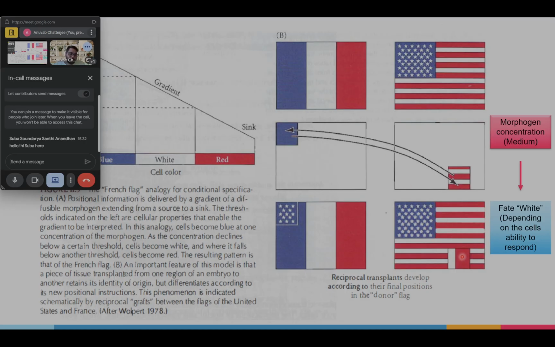So to just reiterate, how it happens is that a tissue senses the morphogen concentration, which can be high, medium, or low, and then decides what it wants to form at that stage. So, for our French flag, anything in the middle would have been white. So, it will form a white color even though it is transplanted somewhere else.